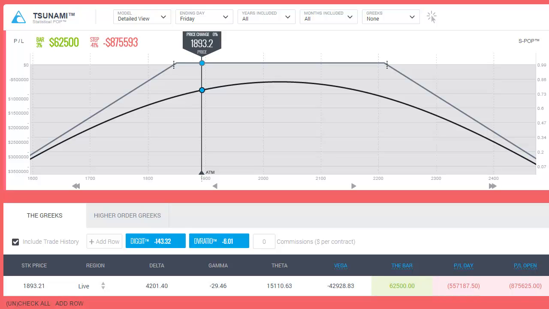Okay, so the first thing we recognize is that the margin started with 125 million, but the loss on the trade is 87 million.